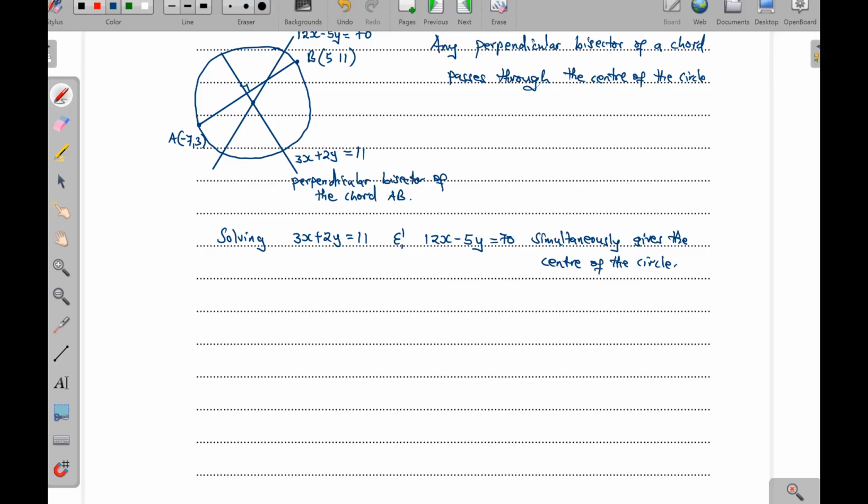Now I have 12x minus 5y is equal to 70 and 3x plus 2y is equal to 11.